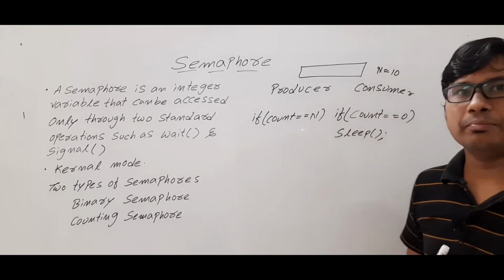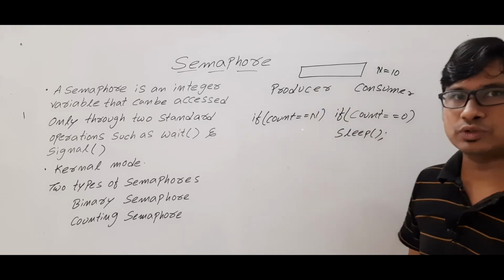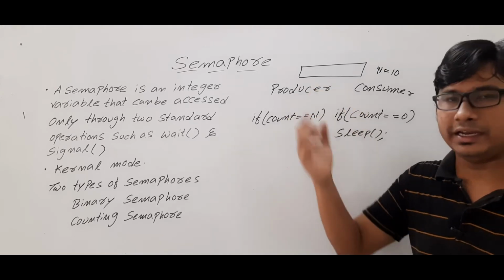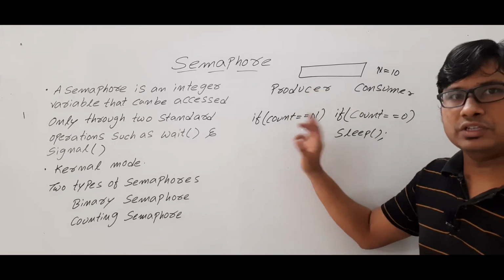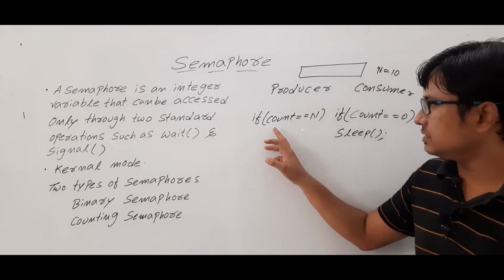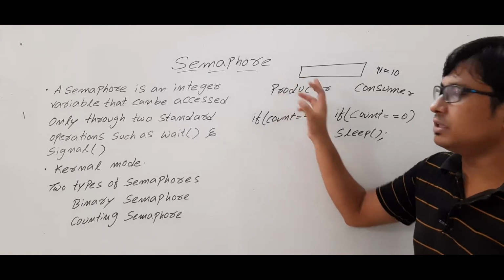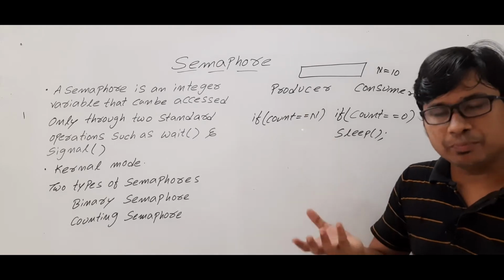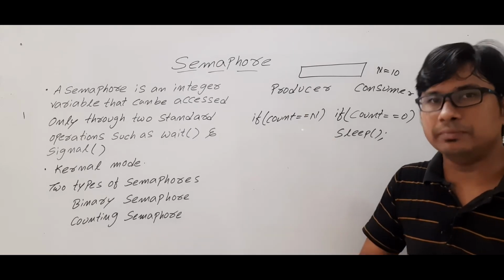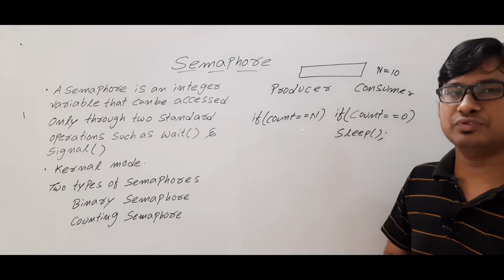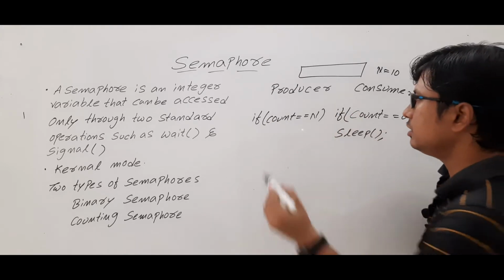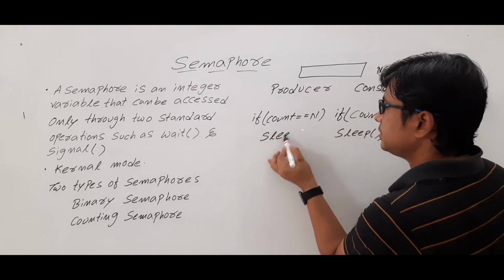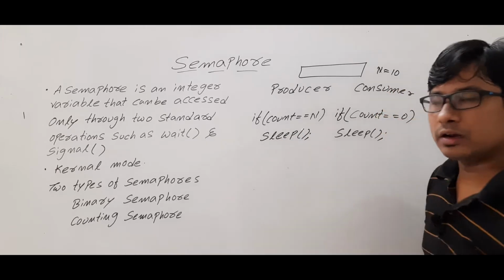The meaning is that the buffer capacity is 10 items only. So the buffer can store 10 items. So if count is equal to n, meaning the number of items in the buffer is equal to the capacity of the buffer, then if the producer produces an item, where will he store it, because the buffer is full. If the buffer is full, the producer will go to sleep. Am I right or wrong?